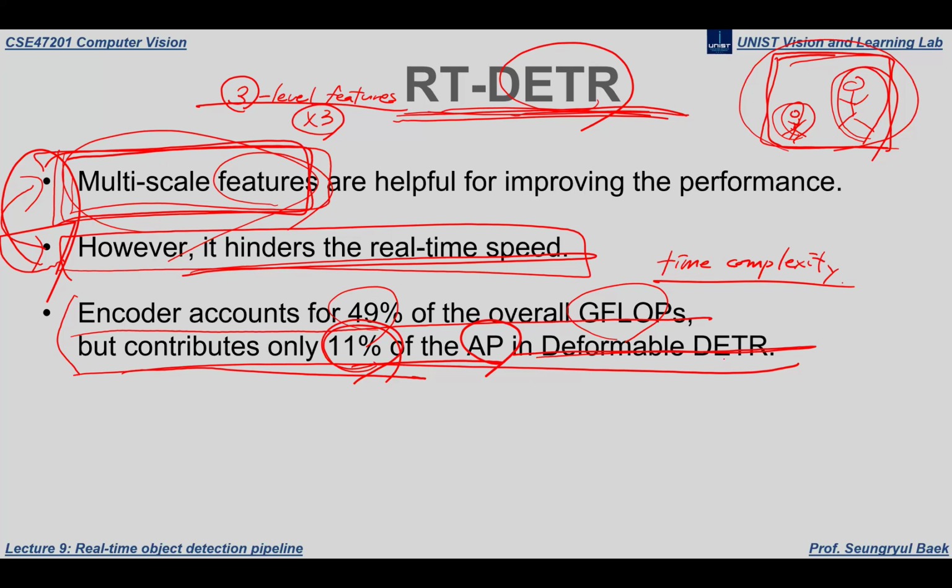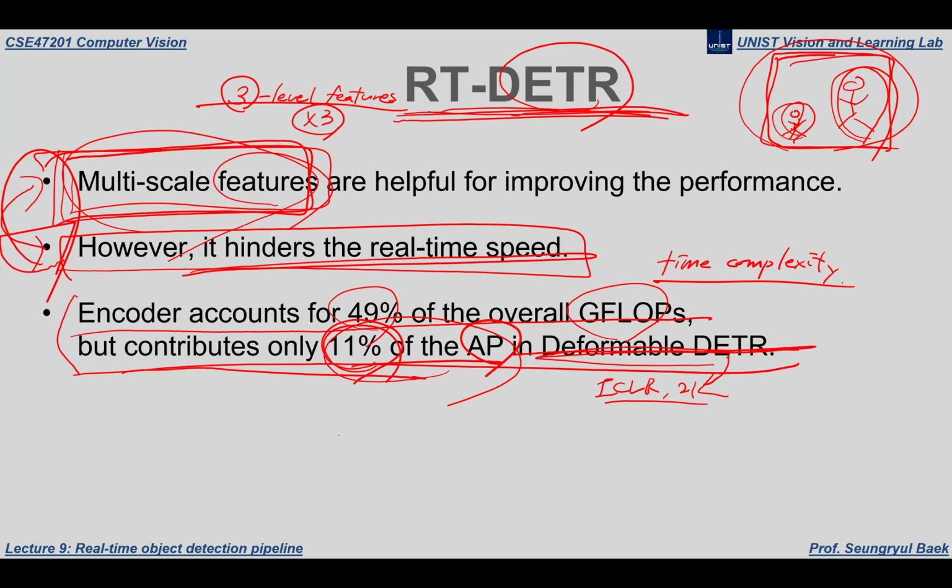Okay, so Deformable DETR, as far as I remember, was published in ICLR 21, and the original DETR was published in ECCV 2020. So it is a more advanced version of DETR. But anyway, the encoder was not effective in the DETR architecture.